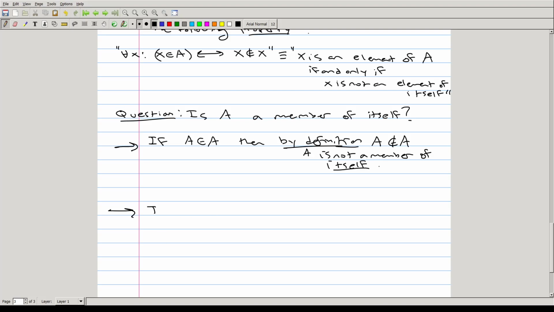And the other possibility is that if A is not an element of itself, then again, by definition, A is an element of itself. A is a member of itself.